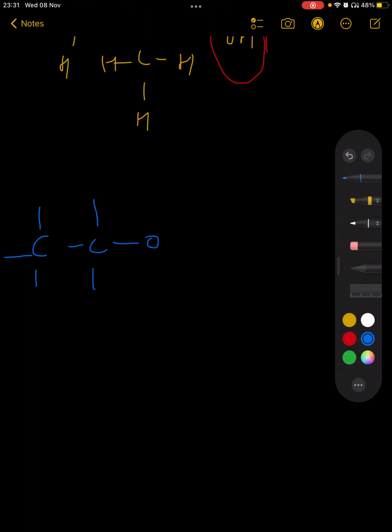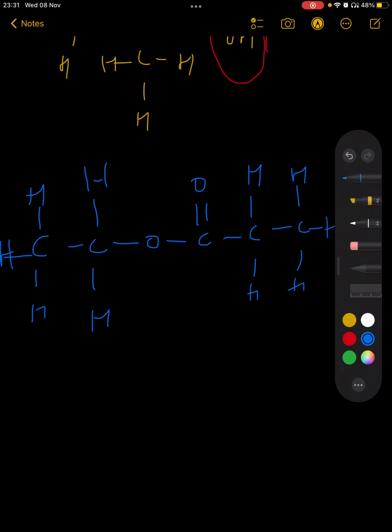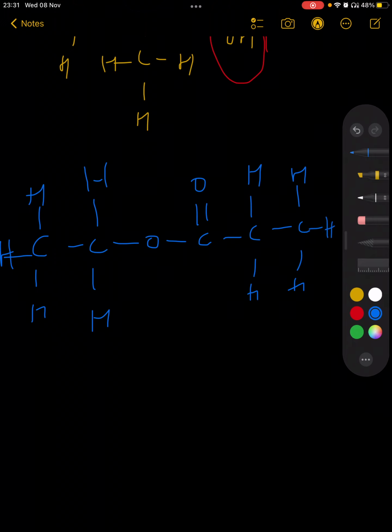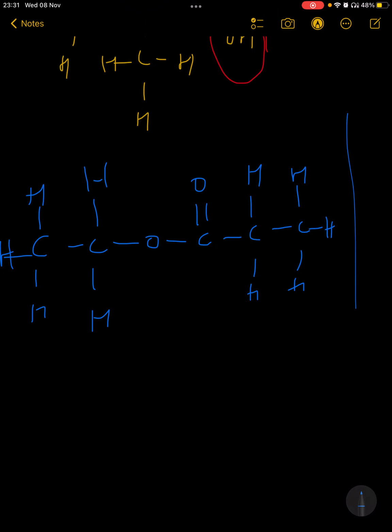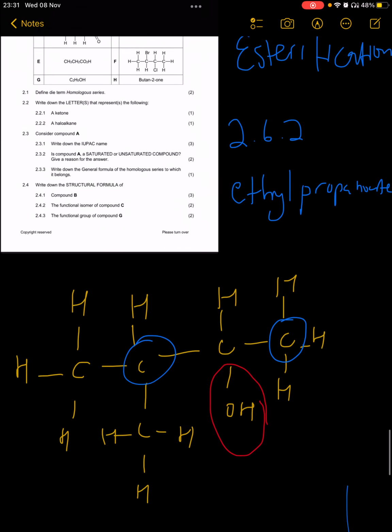It's just going to have its O because the hydrogen was removed from it, and that O is bonded to the propanoate, which is the one that comes from the carboxylic acid. So this is it.